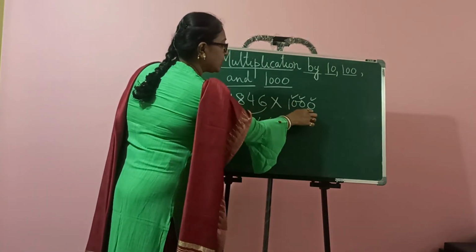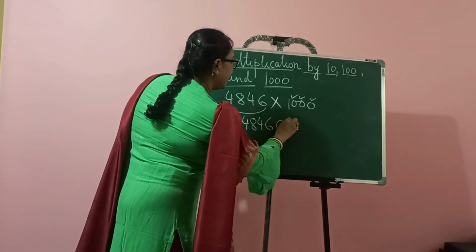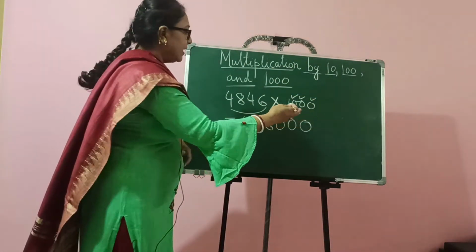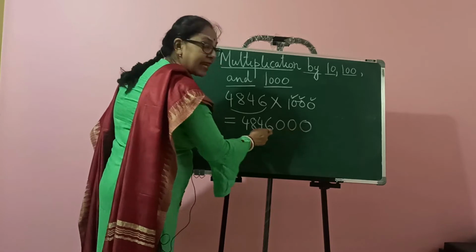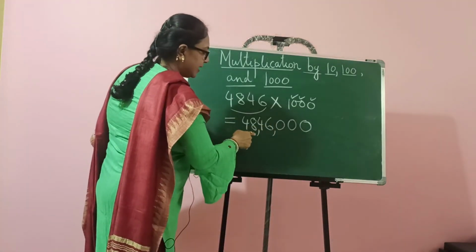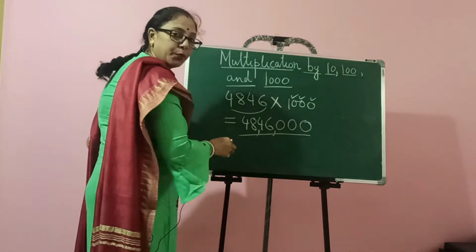So 1,000 has 1, 2, 3 zeros. So we just add 3 zeros at the right hand side of the number. So what do we get? 48,46,000. This is our product.